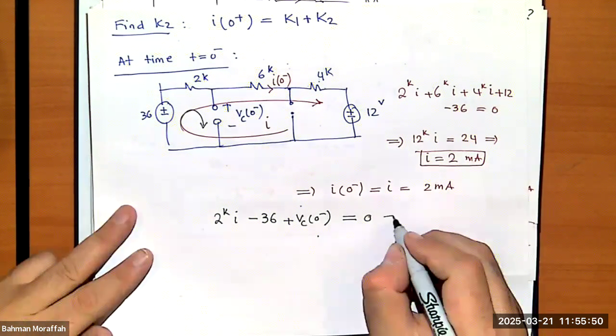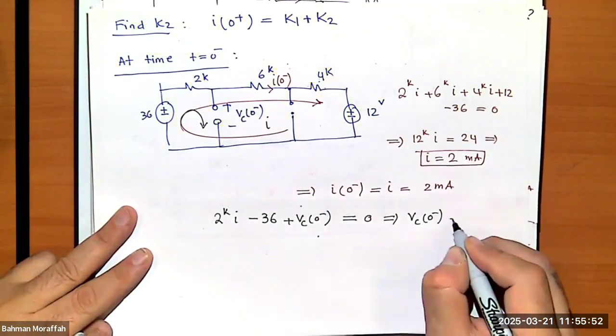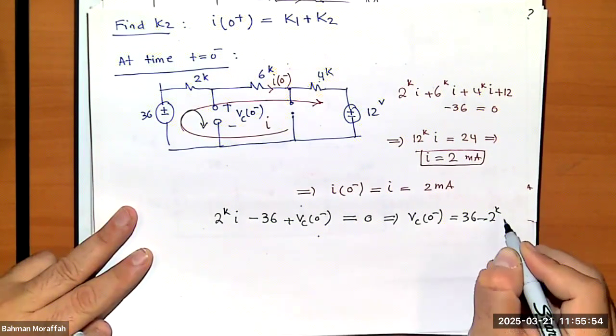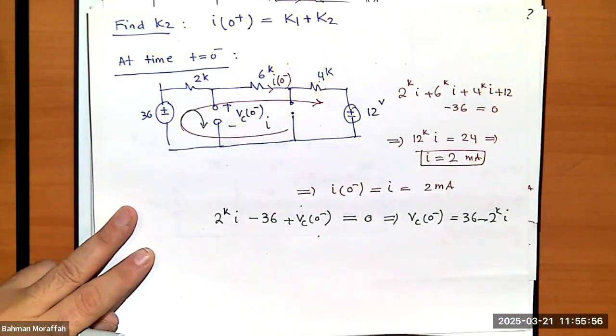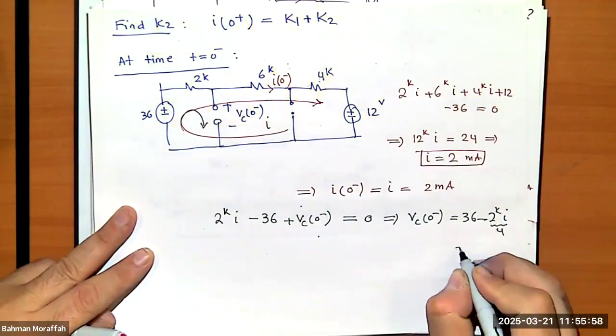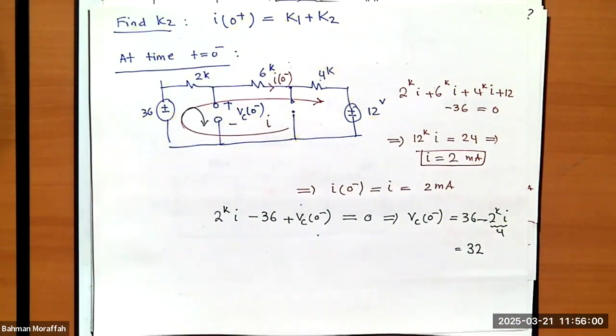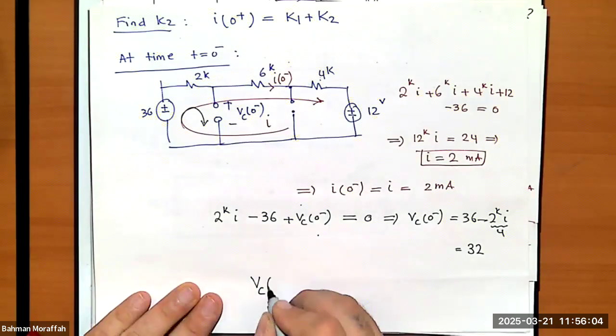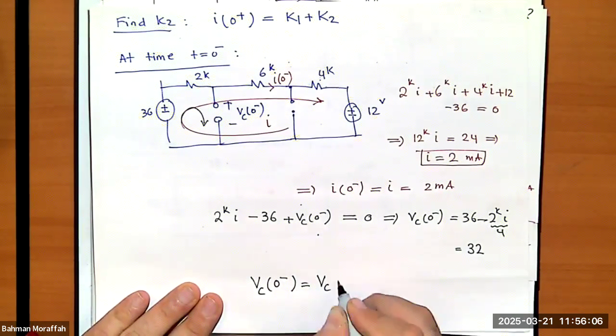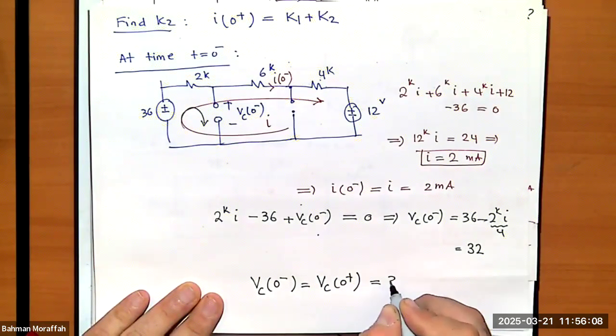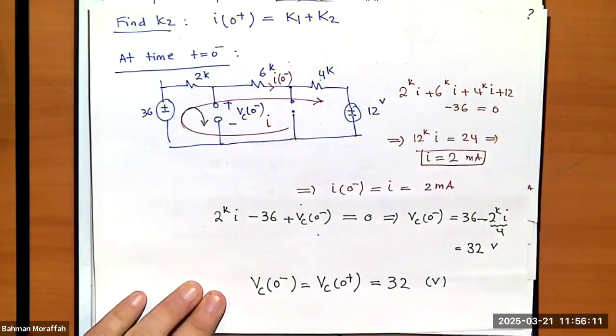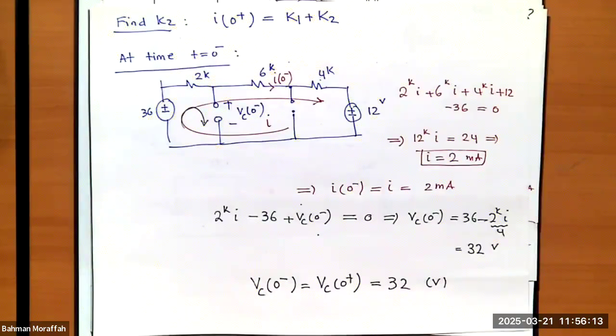Therefore, VC 0 negative is 36 minus 2I, which is 4. So it's going to be 32. Therefore, VC at 0 positive is exactly the same as VC at time 0 negative, 32.